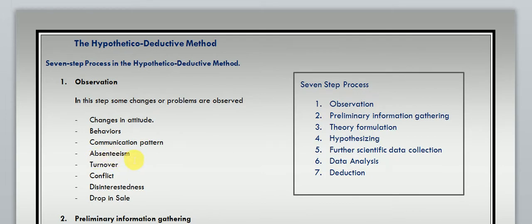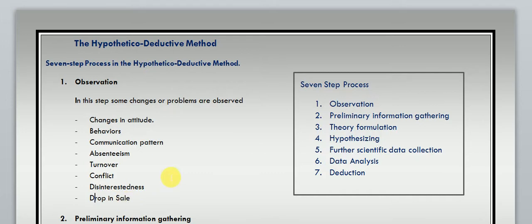Some employees make lots of absences, or there is turnover, where some quit the organization, or conflict between employees, or between the manager and subordinates. Sometimes there is disinterest, when employees are not happy or satisfied, or you may notice a drop in sales. So dear students, there can be many types of problems or changes observed by the manager.